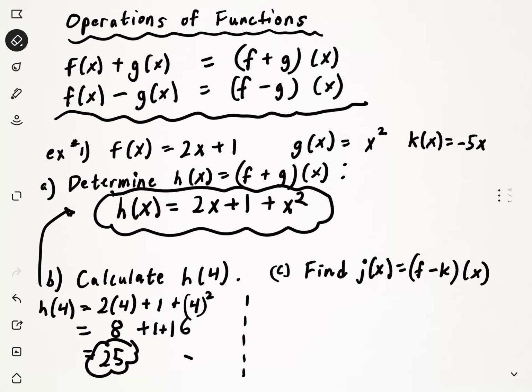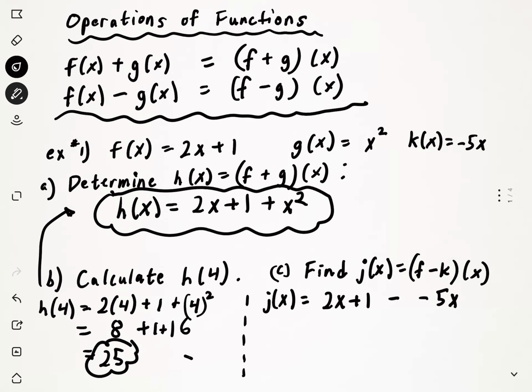That's nothing too difficult. And then you see here in j of x, I'm asked to do subtraction. So my j of x function is going to be f of x minus k of x. So I have f of x is 2x plus 1 minus k of x, which happens to be a minus 5x. And in this particular case, we can do some simplification.